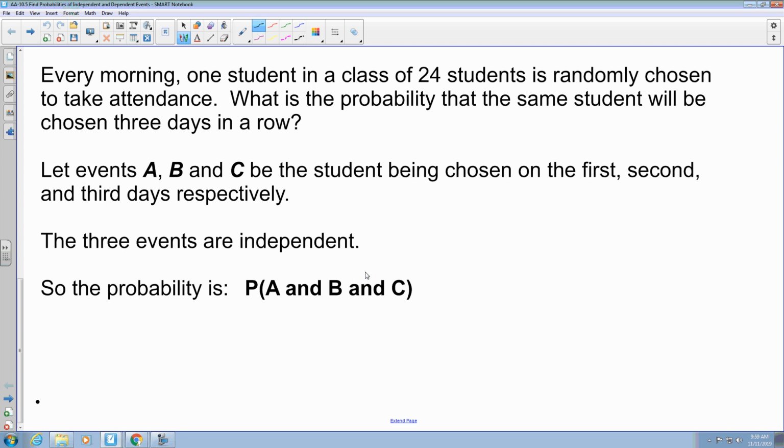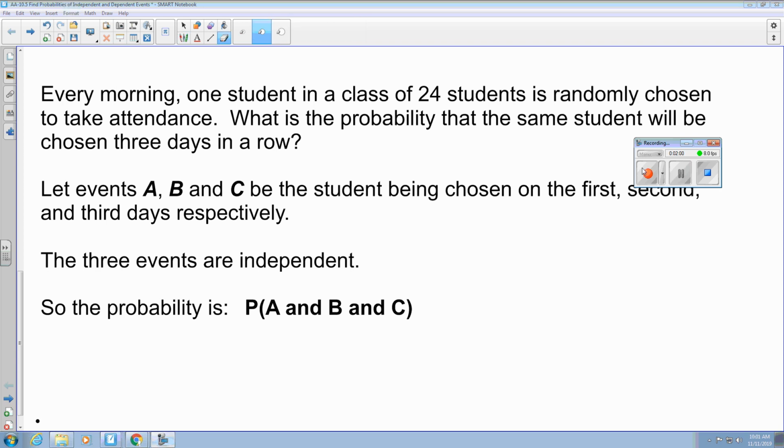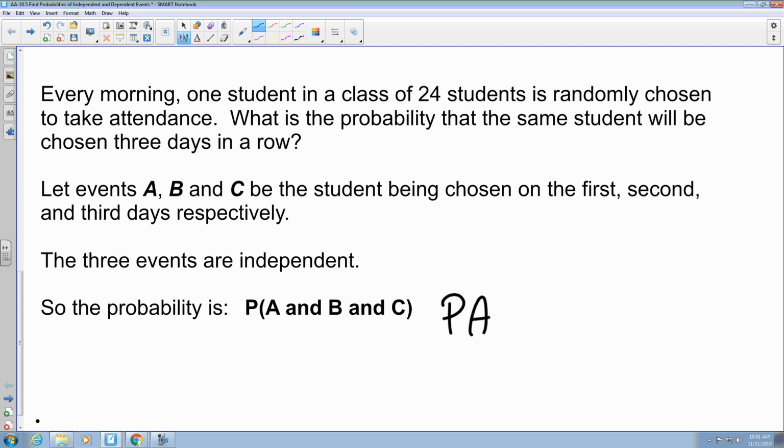So essentially we have to find the probability of A occurring times the probability of B occurring times the probability of C.